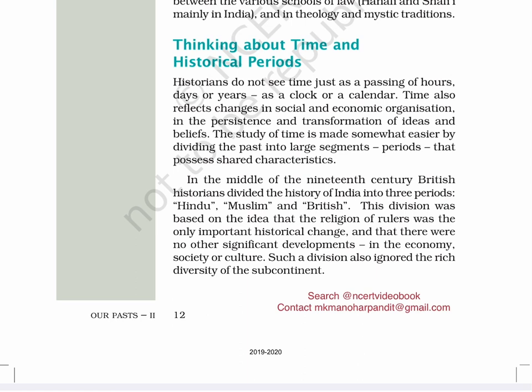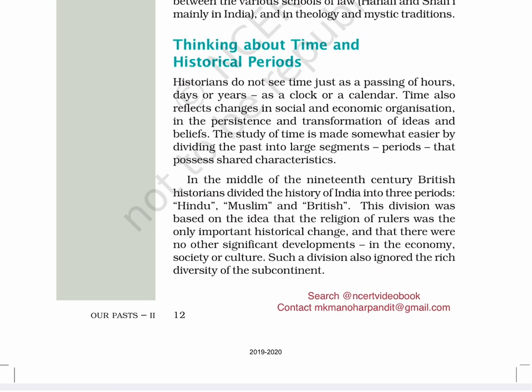The study of time is made somewhat easier by dividing the past into large segments, periods, that possess shared characteristics. In the middle of the 19th century, British historians divided the history of India into 3 periods: Hindu, Muslim, and British.